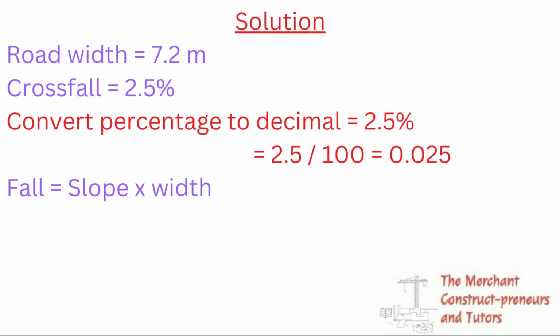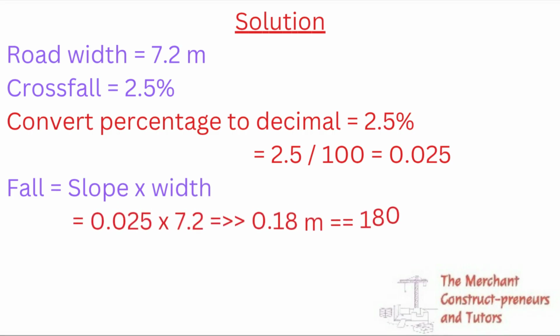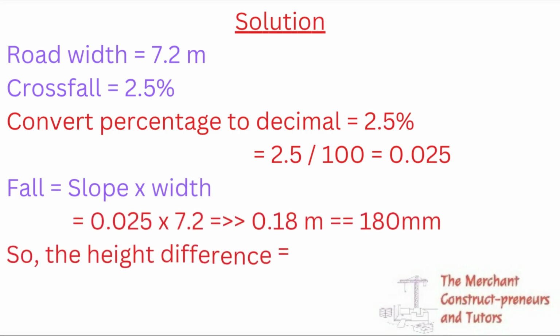First, road width is 7.2, crossfall is 2.5%. That is the slope. First I want to convert this percentage to decimal. So 2.5 divided by 100 gives 0.025. That is our slope.